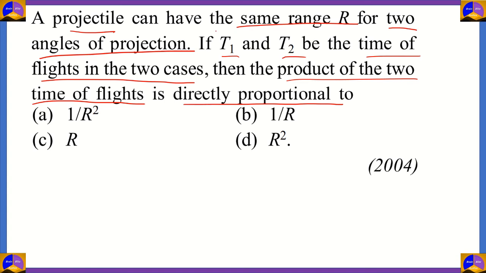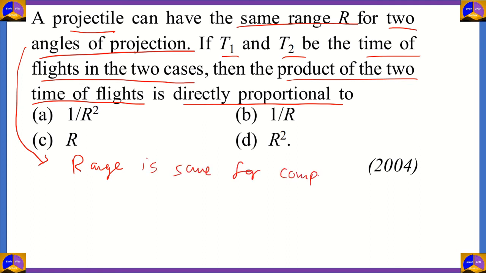So how do we solve this question? Here it said that the projectile has the same range r for two angles of projection. This is actually a very special case. The range for two angles of projection is the same for angles that are complementary. So for two complementary angles, the range will be exactly the same.